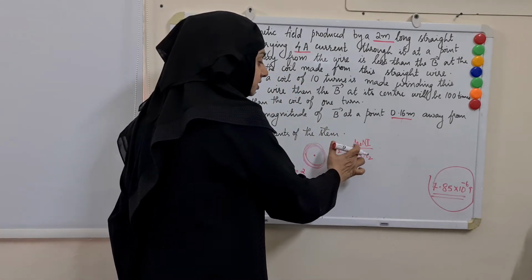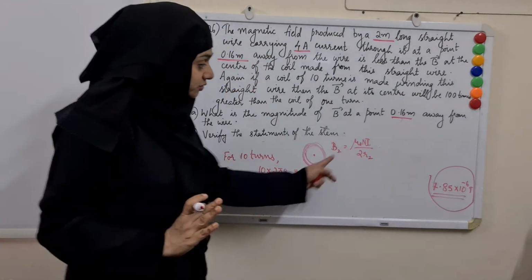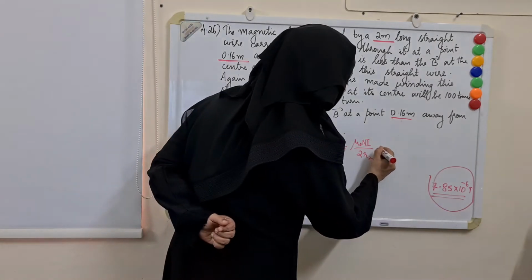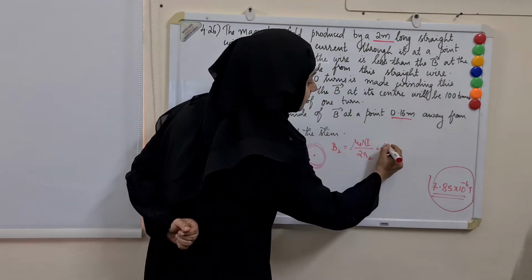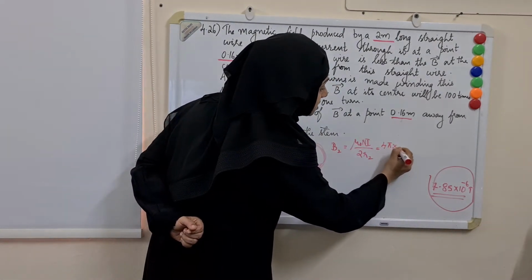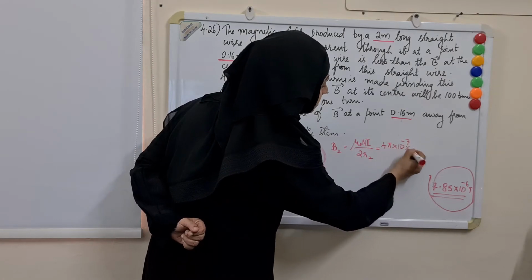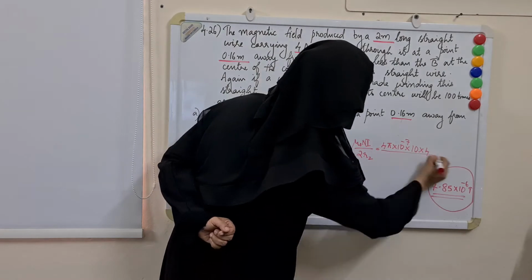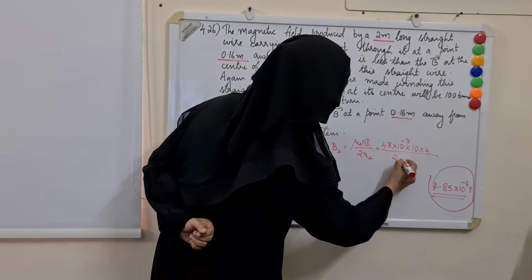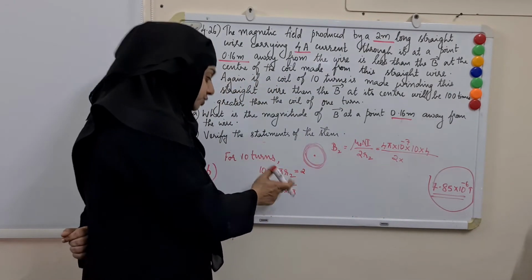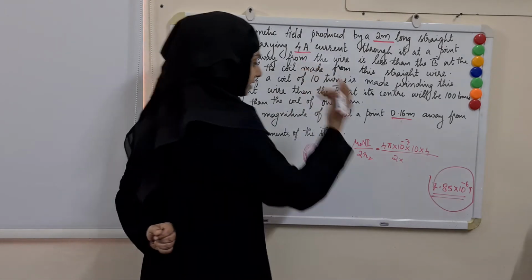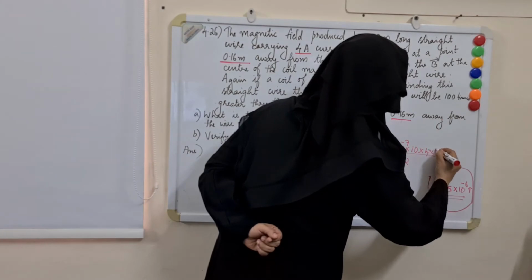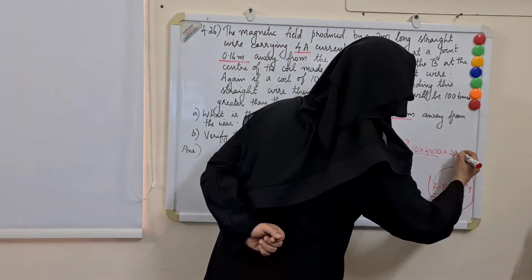If there are N turns, you have to write it as N I. So this is equal to, where N is the number of turns, 4 pi times 10 raised to minus 7 times 10 times current 4 ampere divided by 2 times R2, which is 2 by 10 into 2 pi.